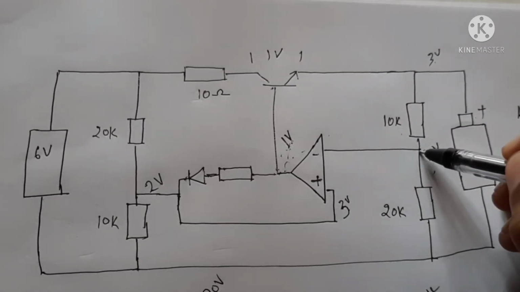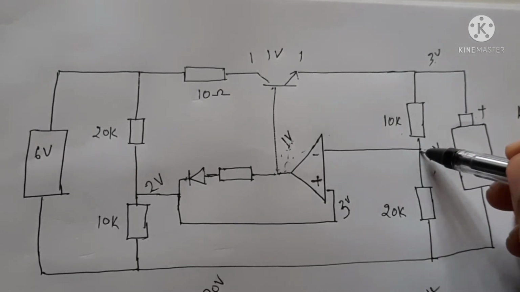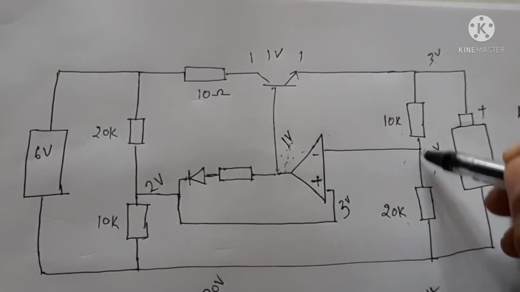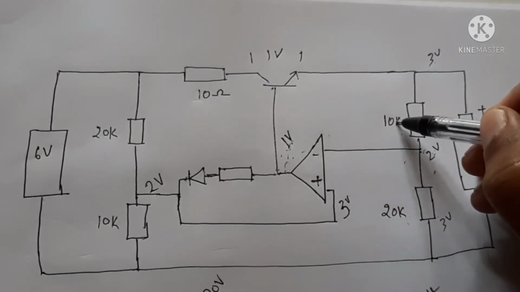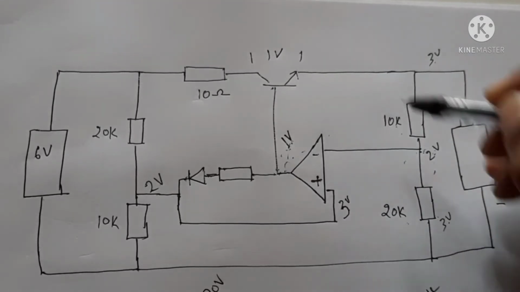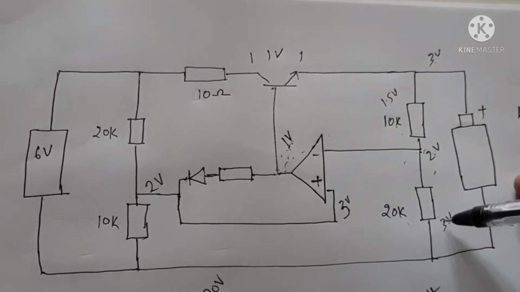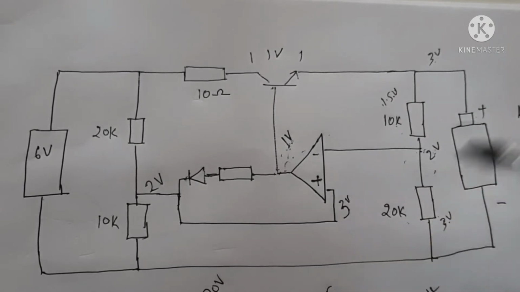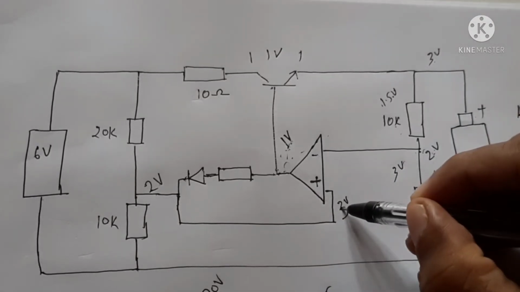That means across this resistor we have to get 3 volt. This resistor is half of this resistor, so this voltage has to be 1.5 volt, so the total voltage will be 3 plus 1.5 volt, which is 4.5 volt. That means when the battery voltage reaches 4.5 volt, this point will be at 3 volt, same as the reference.